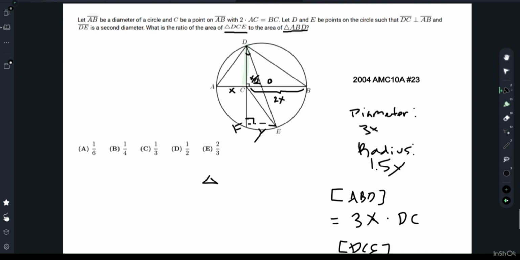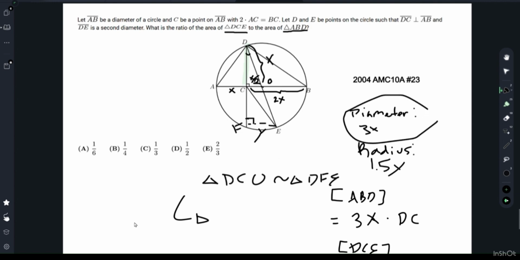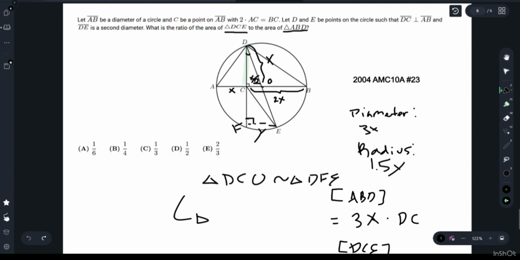So we know triangle DCO is similar to triangle DFE. And because of this, we know DO is one of the radii, so we can put this as x. And we know D to E is the diameter, so it's going to be 3x. So DO over DE is equal to 1/2.